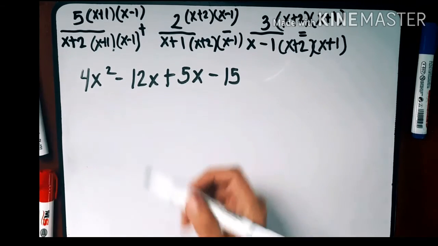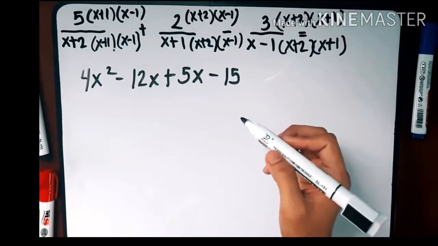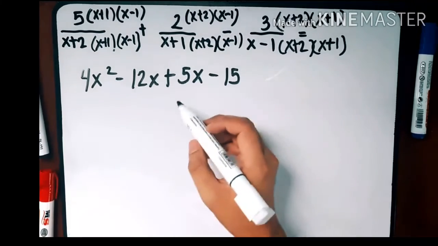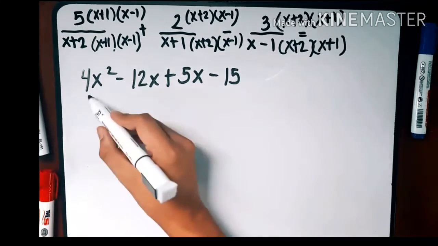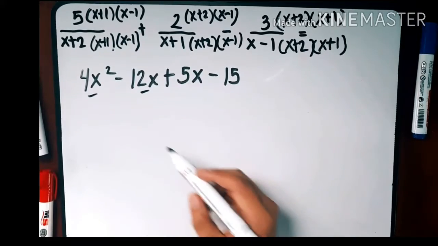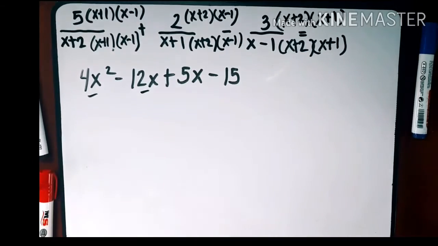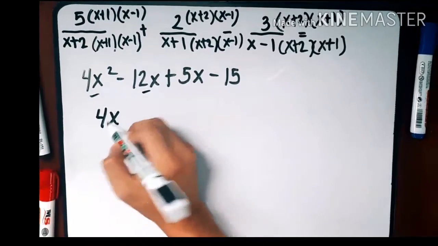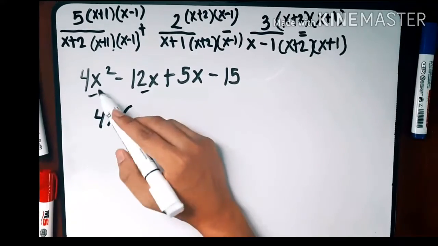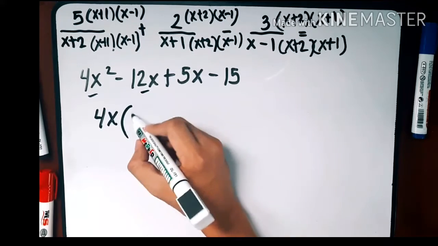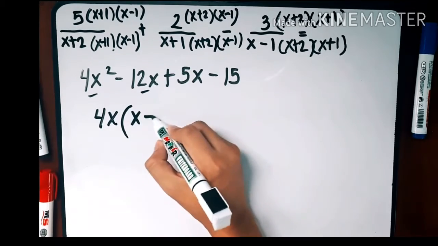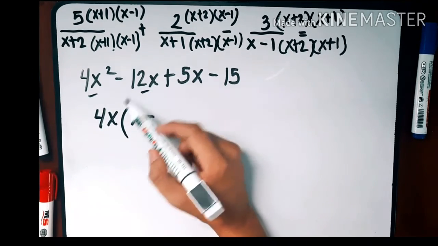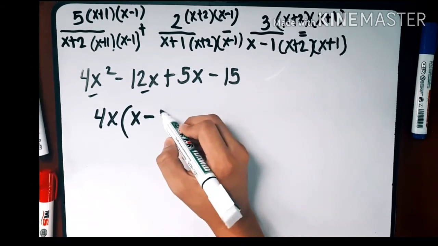So, in factoring this by grouping, una kukunin muna natin yung GCF or greatest common factor ng first two terms. So, for 4x squared minus 12x, ang greatest common factor nila is 4x. And 4x squared divided by 4x is x. Minus 12x divided by 4x is 3.